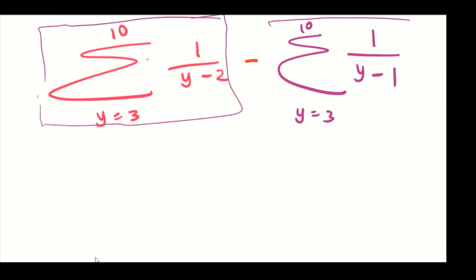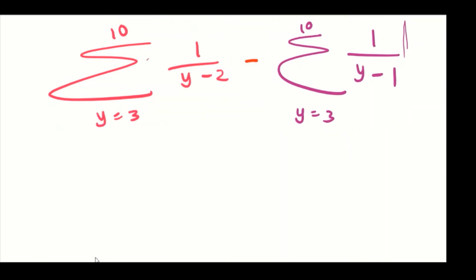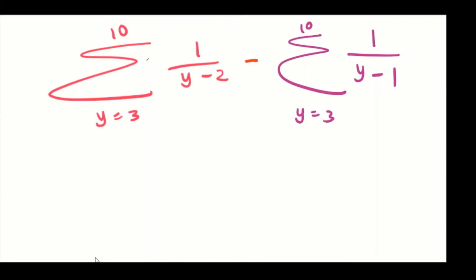The same applies to this part here. We can write down all the terms and subtract. So let's start the process by first solving this one and identifying all the terms it has.